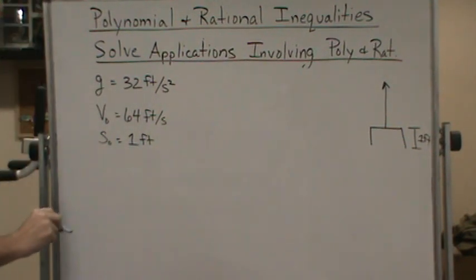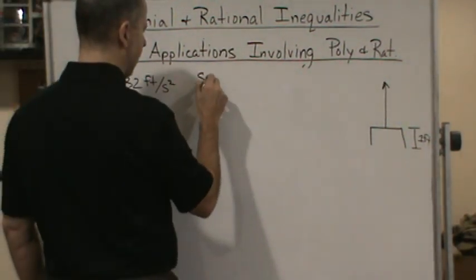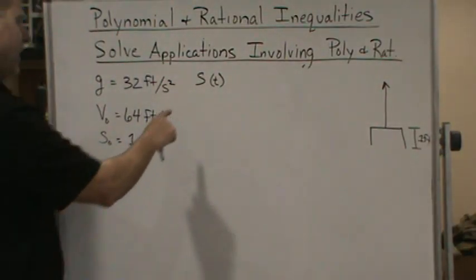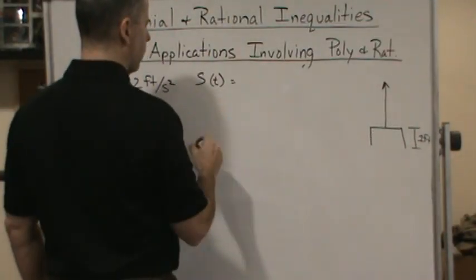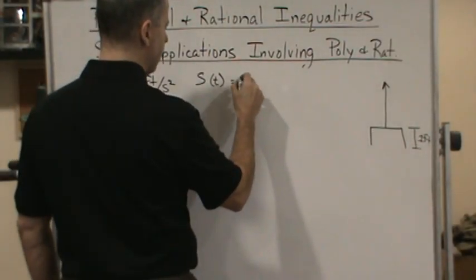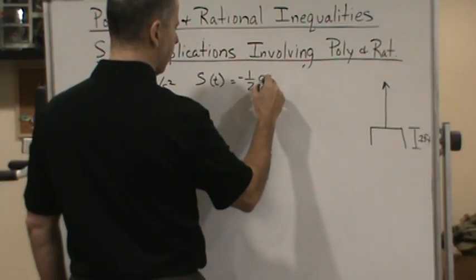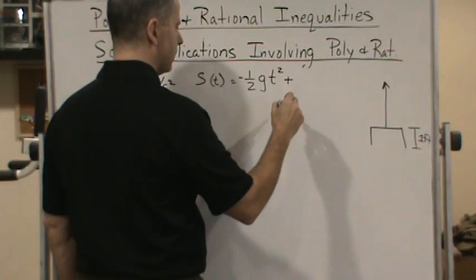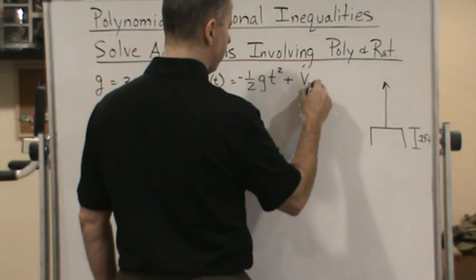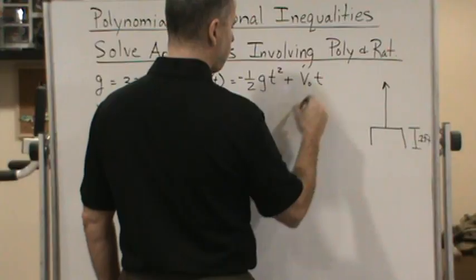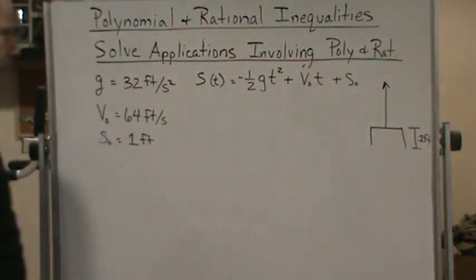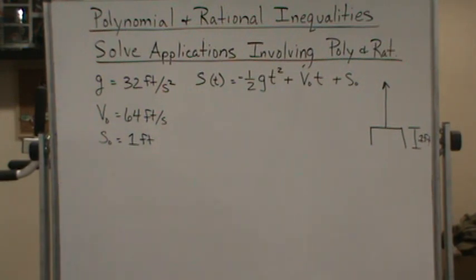Okay? And we want our function to be S of t, so it's a function of time. Position is S. The function is negative 1/2 g t squared plus the initial velocity times t plus the initial position. That is typically the way we write these types of models.